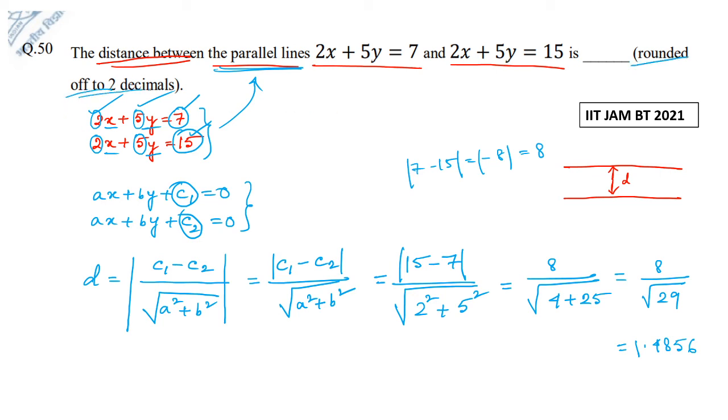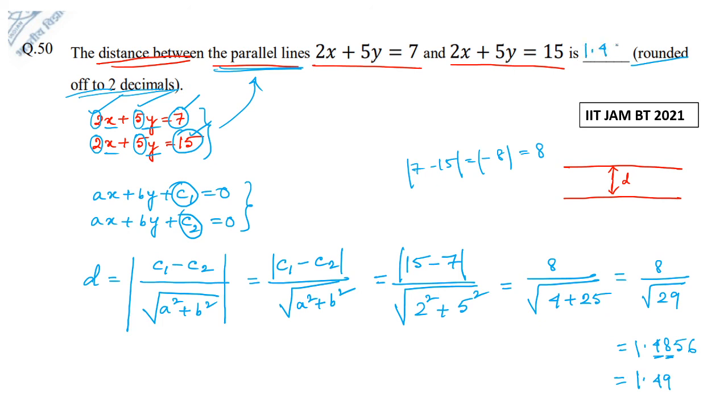For 2 decimal places, here it is 4, and after that it is 8, and after that it is 5, 6. So we can write it as 1.49. If you write it as 1.48 also, it will not be a negative mark, because it will not be a wrong answer.